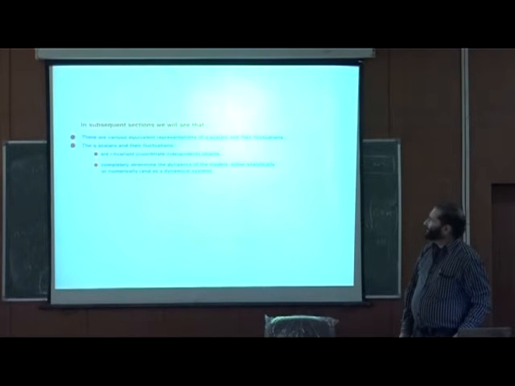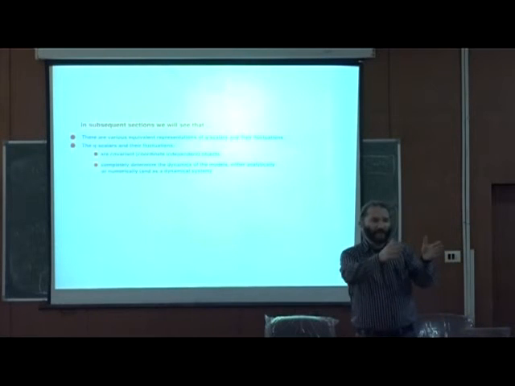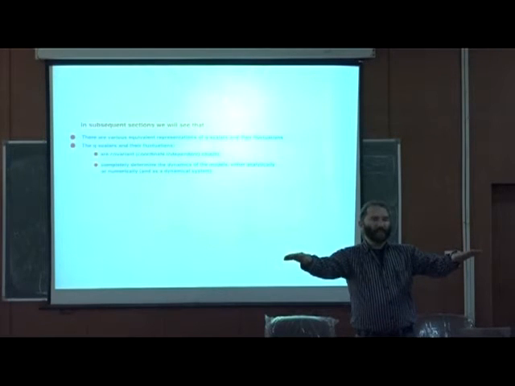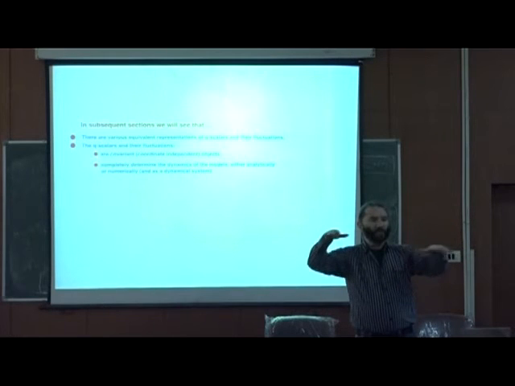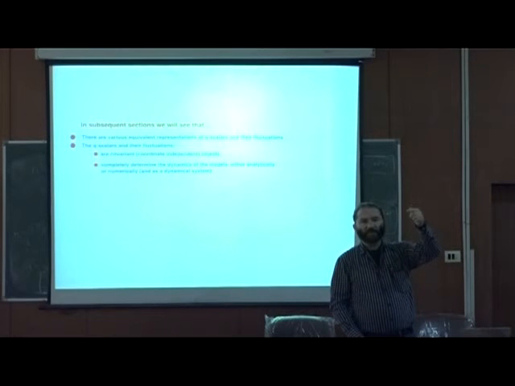Then they completely determine the dynamics of the models, either analytical or numerical, and they do so as a dynamical system. So once we have a set of Q-scalars and their fluctuations, the models are determined. They can be determined analytically because we can find scaling laws for them, or numerically by evolution equations for them.